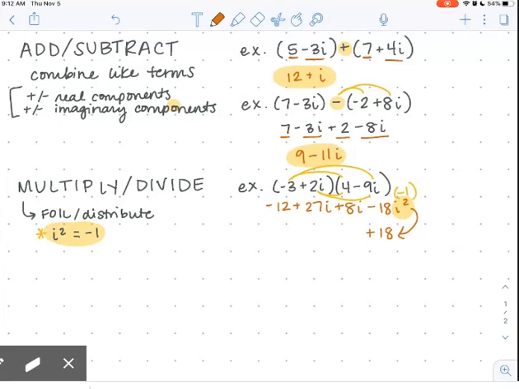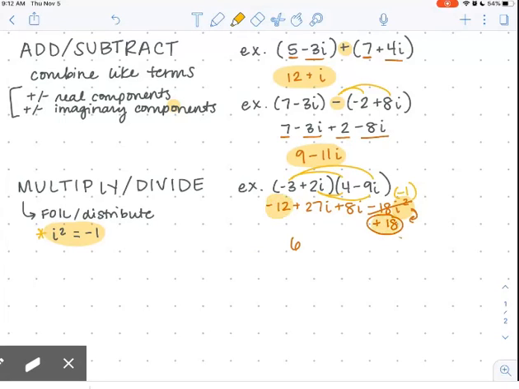And so then we can just combine. Sometimes how I do it so I don't even have to write a whole extra step is I might just write this turns to positive 18 instead of that, and then I can just combine. So then I have -12 plus 18, which is positive 6, which will come first because that's my real component. So I'm combining just to show what I'm doing here. -12 plus 18.